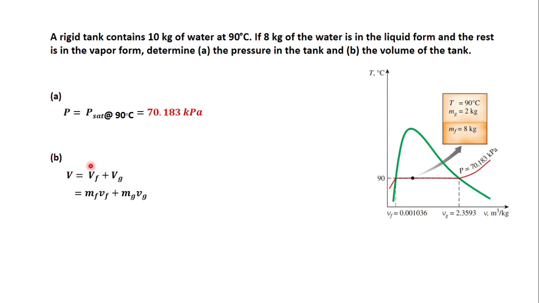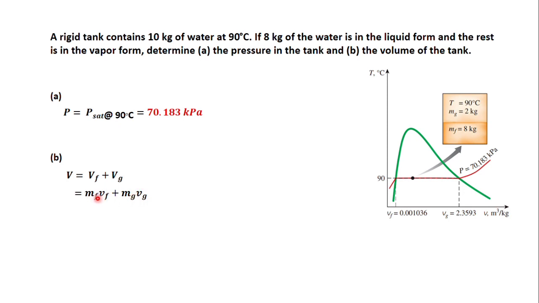The volume of saturated liquid is the mass of the saturated liquid multiplied by the specific volume of the saturated liquid, plus the volume of saturated vapor, which is the mass of the saturated vapor multiplied by the specific volume of the saturated vapor.